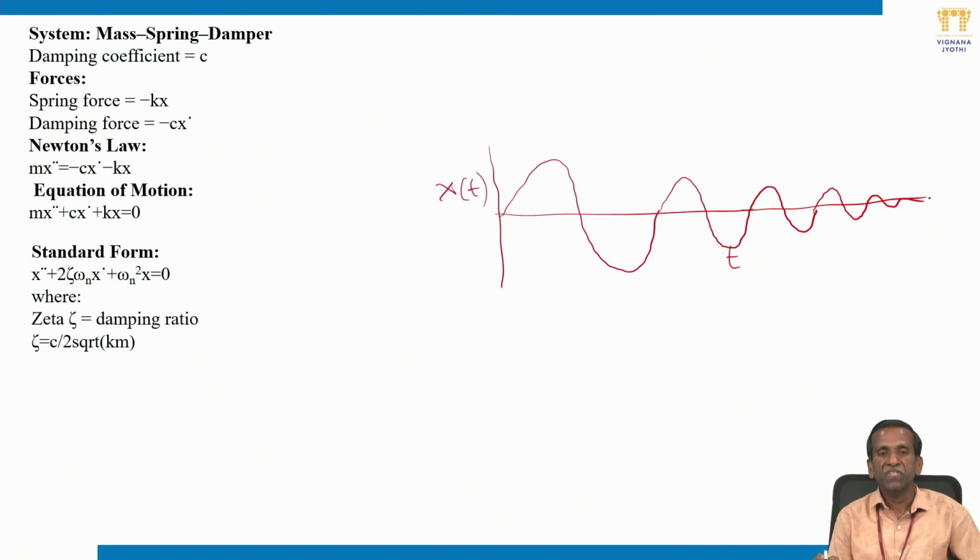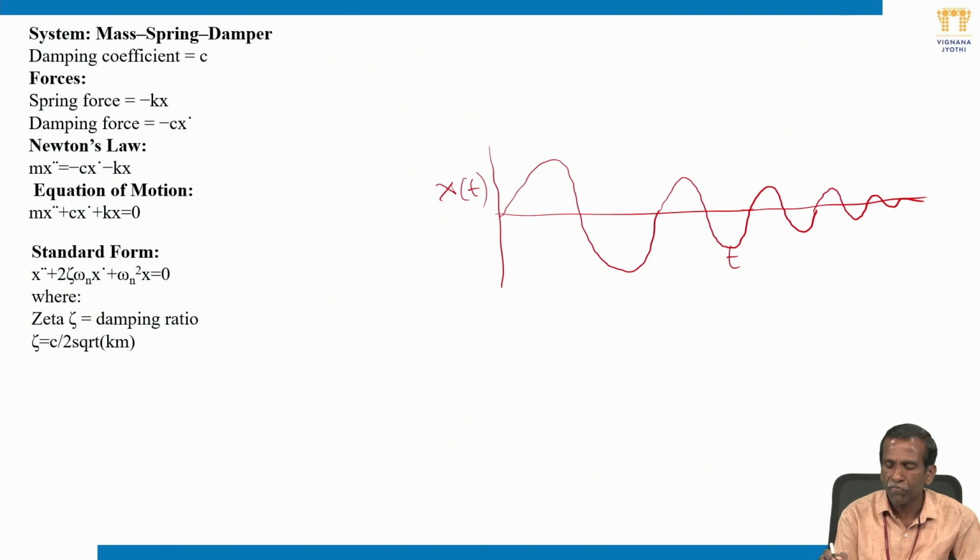So because of damping, the displacement or the oscillations are reduced. Gradually it comes down because of the damper. A damper having damping coefficient C, and we have seen how we can write this relation using either Newton's second law, or D'Alembert's principle, or the energy concept.